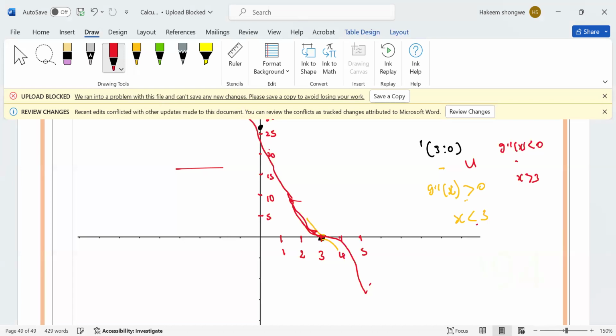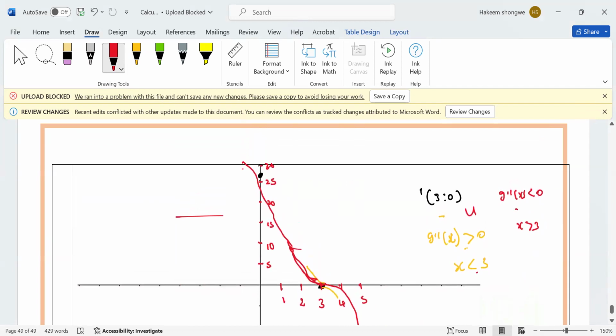It passes through 27, and then here it's simply going to go down. And then you simply extend. This thing is going down, and then here there's concavity. You should show the concavity. This one is up, and then this one is down. And then this is how we're supposed to draw our function.